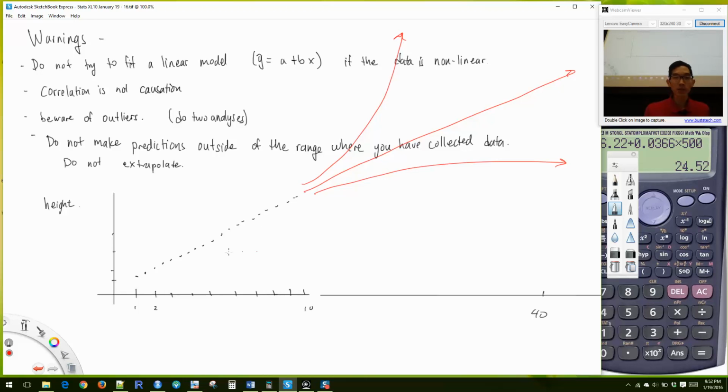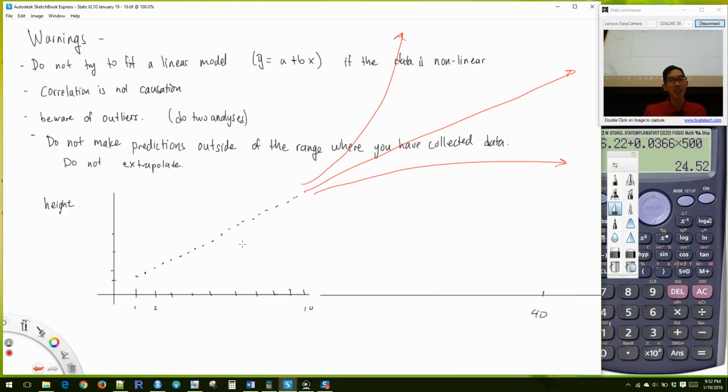So outside of where you've collected data, all of your predictions break down. We have no idea what happens. Linear regression is really just useful for the area where you've collected data. It's unfortunate because it seems a little bit boring then.